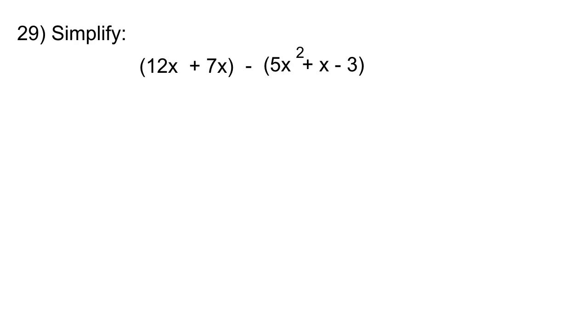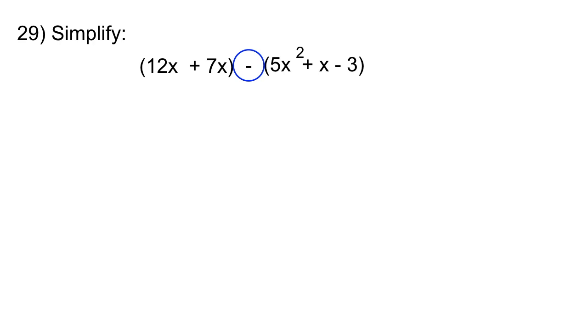Okay, so in question 29, we are subtracting two polynomials from each other. It's similar to what we just did before with the addition, but here you have to really be careful with the signs. When you apply the distributive property, you have to be really careful.